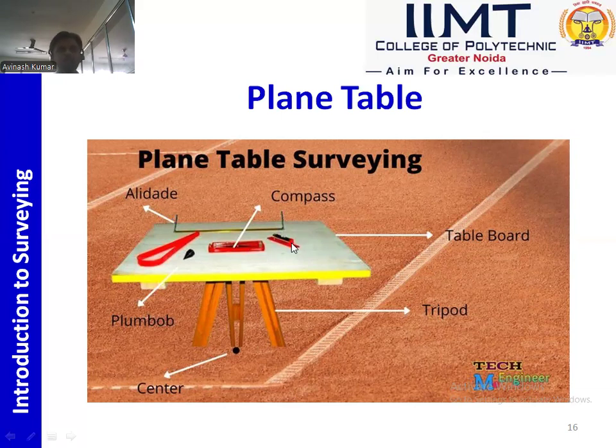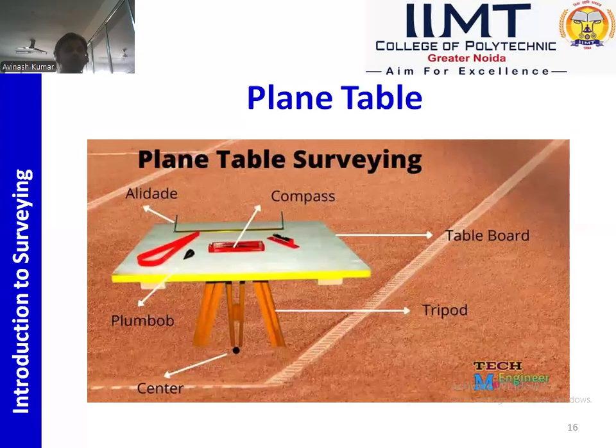Now the overall summary of surveying is to know the position of our boundary, the position of our land, so that we can fix the boundary of our land and the construction process can start.